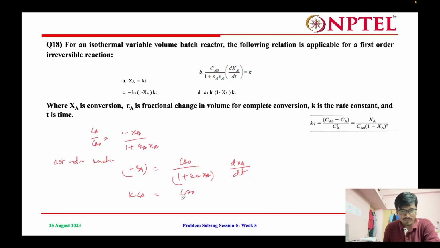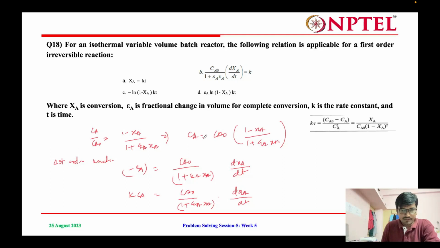And for first order, minus RA is equal to K CA, equal to C naught dXA by dt, where CA is equal to C naught (1 minus XA) over (1 plus epsilon A XA). Right.